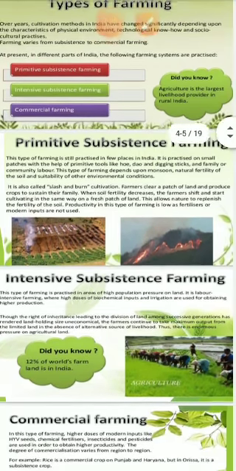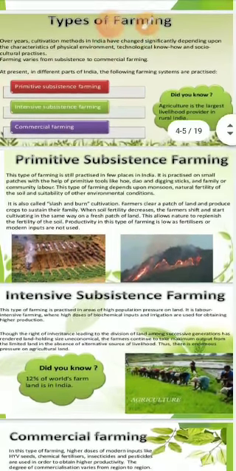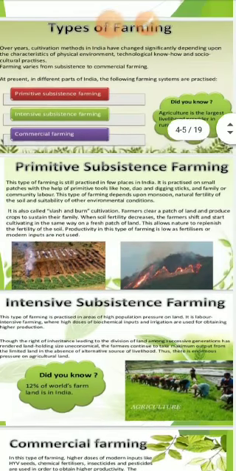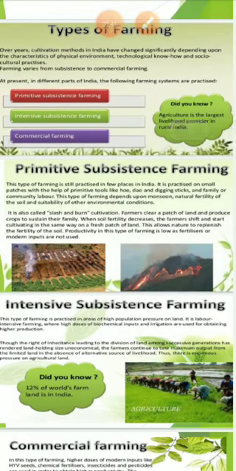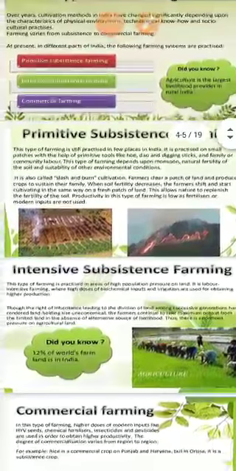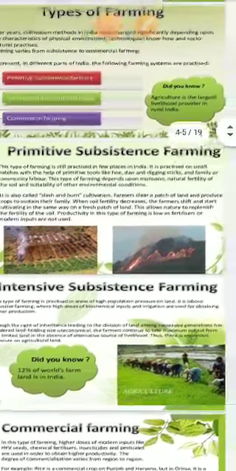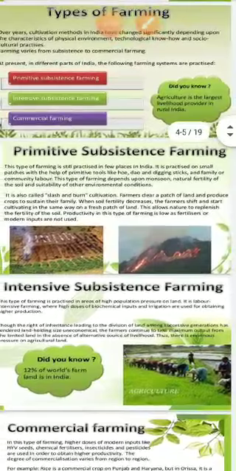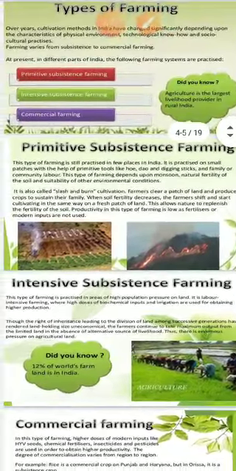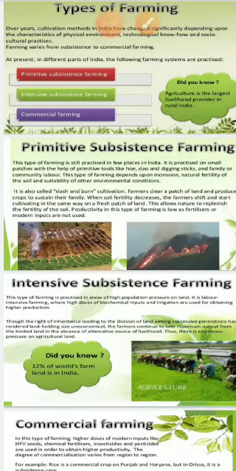This type of farming depends upon monsoon, the natural fertility of the soil, and the suitability of other environmental conditions. It is also called slash and burn cultivation in some areas. Farmers clear patches of land and produce crops to sustain their family.